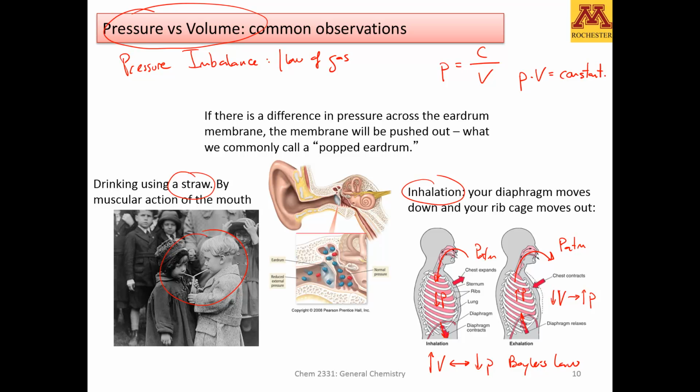Notice that because there's one single constant of proportionality, if the volume is doubled, your pressure will be halved.